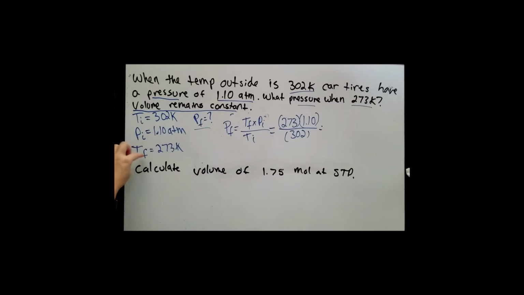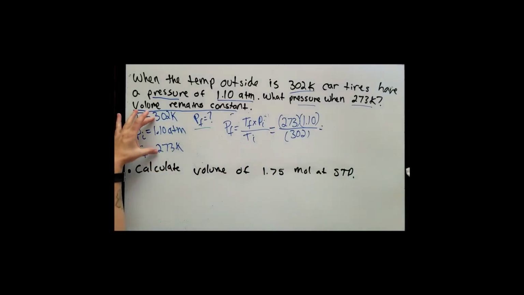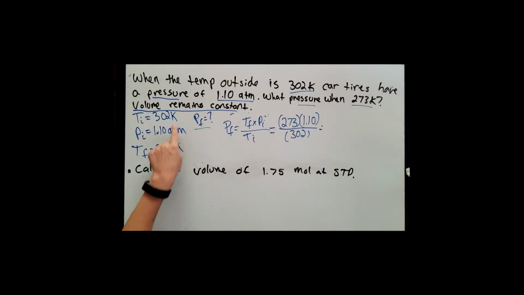So really look, did I put the initial temperature in the denominator and not up here? Also, I didn't mention this, but make sure your units are correct. Both my temperatures are in Kelvin, my pressure in atm. Basically, as long as the units are the same, so as long as both temperatures are in Kelvin, you're fine. If they're both in Celsius, that would be fine too.